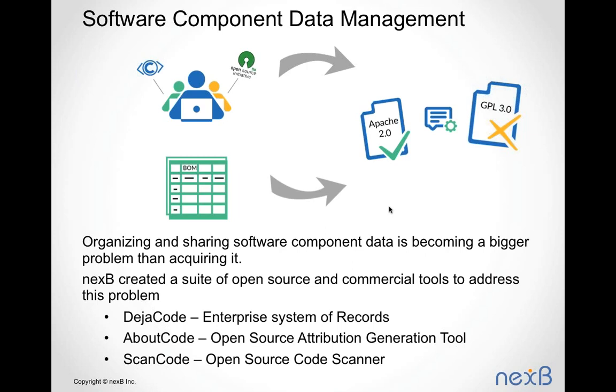We are software provenance analysis experts. We've audited more than 450 products to date, and we are active open source developers, and we are a member of the Linux Foundation.